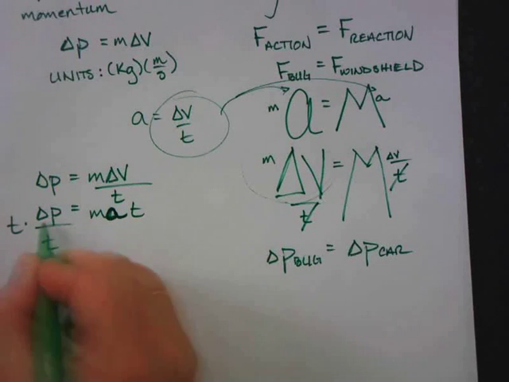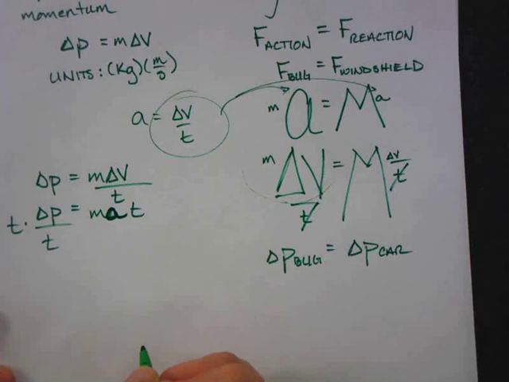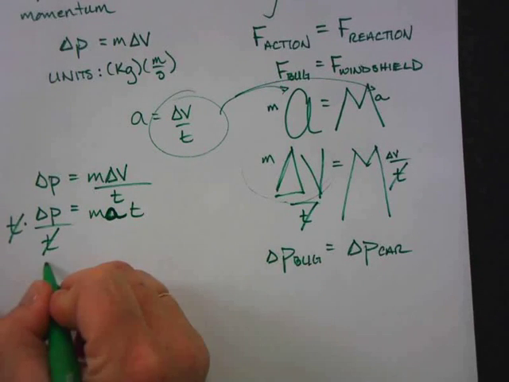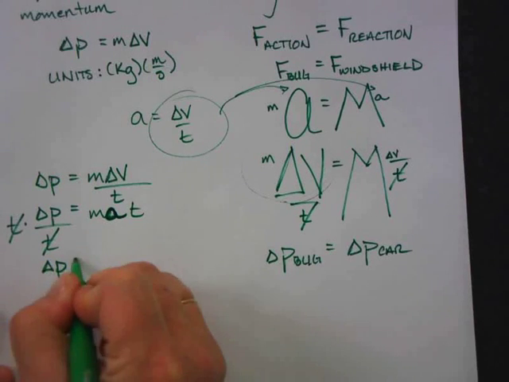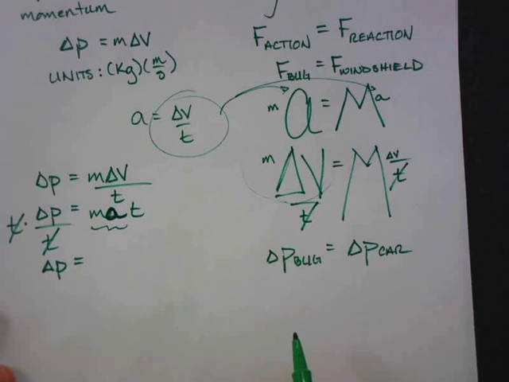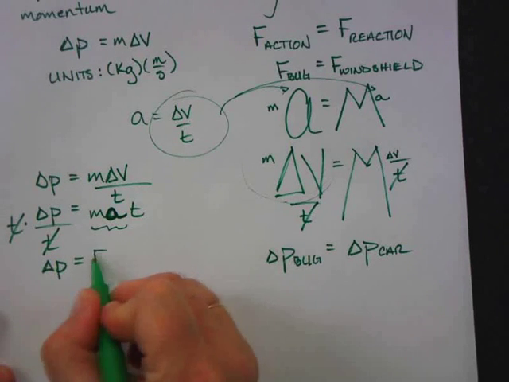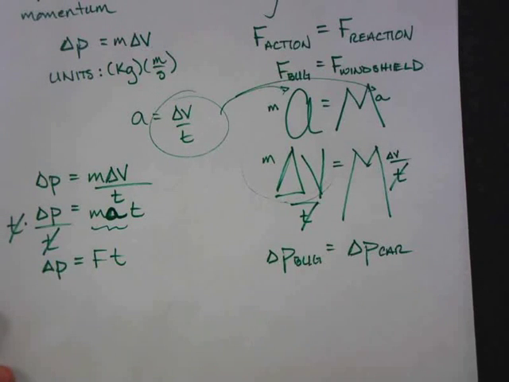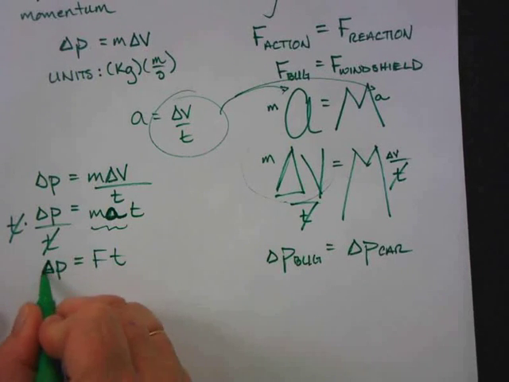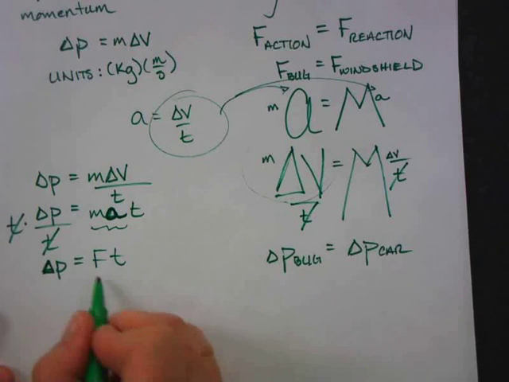Now I'm going to rearrange again. So I'm going to multiply both sides by time so that I can have change in momentum on the left, just manipulating that on purpose. So another way to write change in momentum: what's another way to say mass times acceleration? Force. Force times time. Okay.